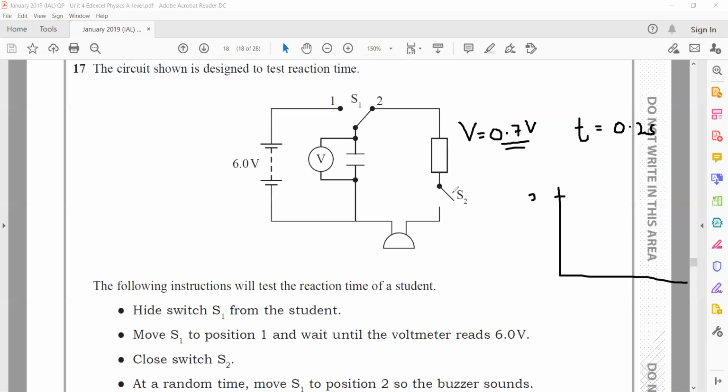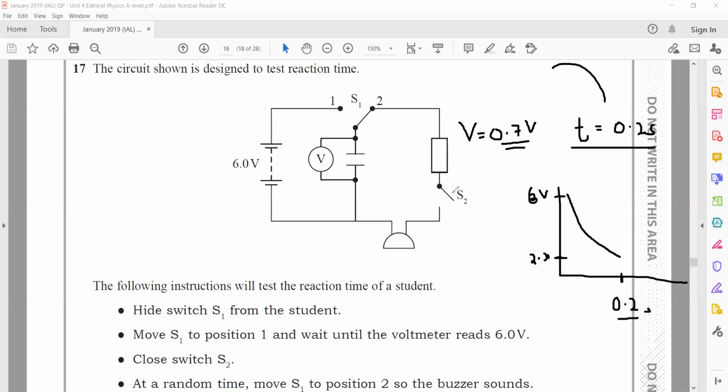The original voltage is 6 volts. At the time constant, it is about 37% of the original value, which is 2.2 volts. So I want this to discharge when the reaction time approximately matches with the time constant. So the time constant should be 0.2 second.